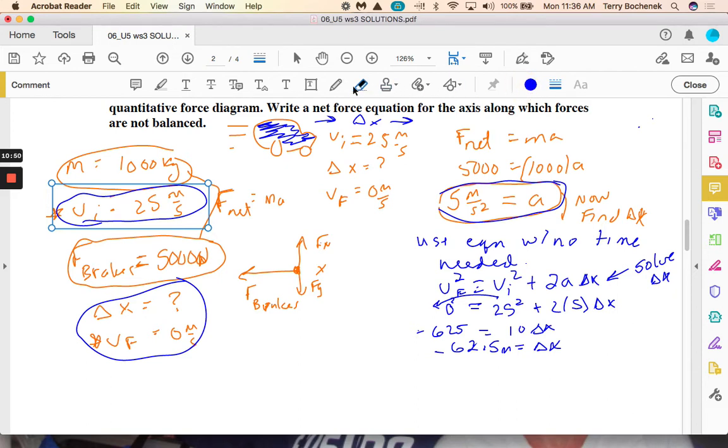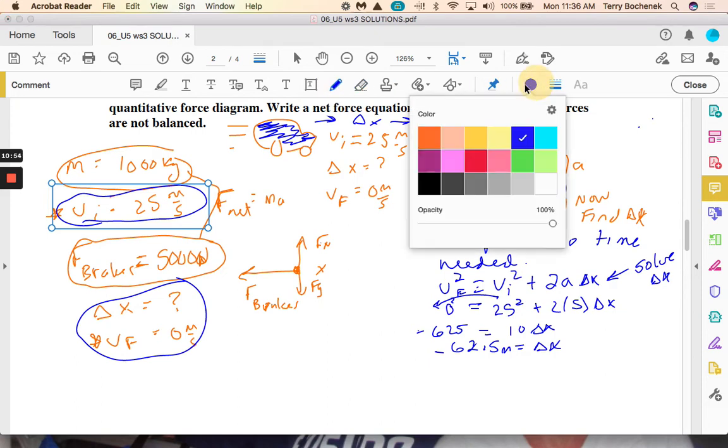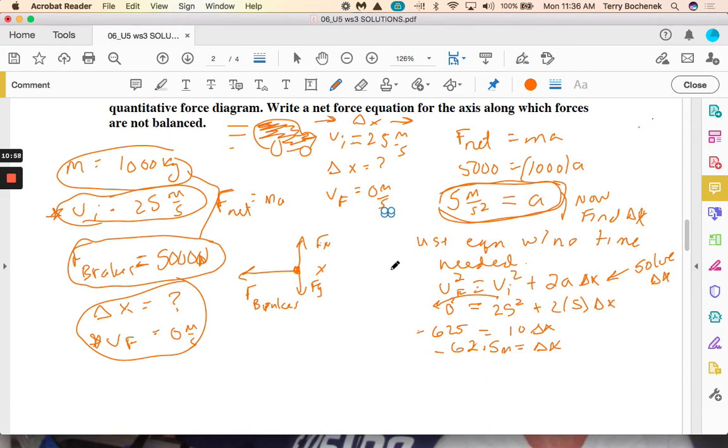Why a negative sign to the acceleration? Because my velocity was in the positive direction. Nope. Velocity was in the positive direction, but my force was really in the negative direction. This force here should have been thought of as in the negative direction.